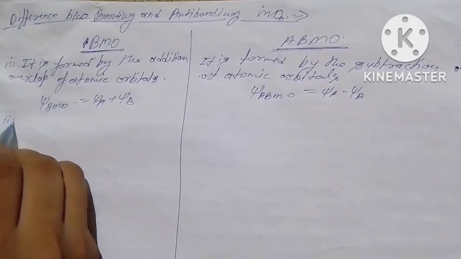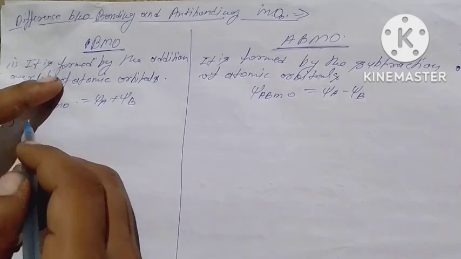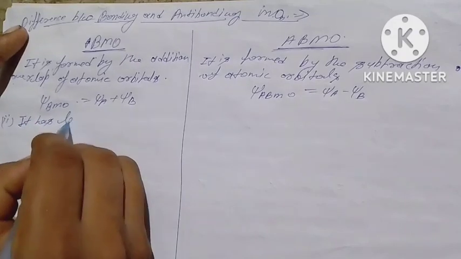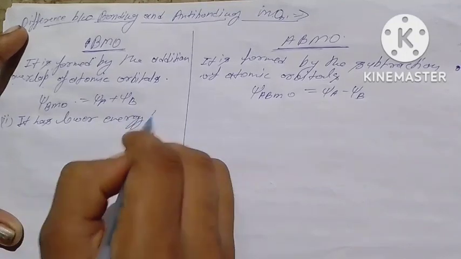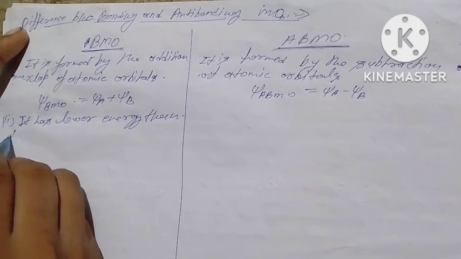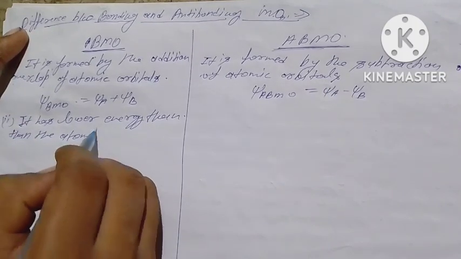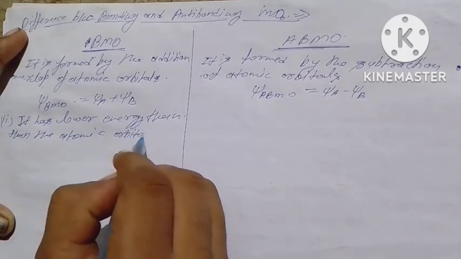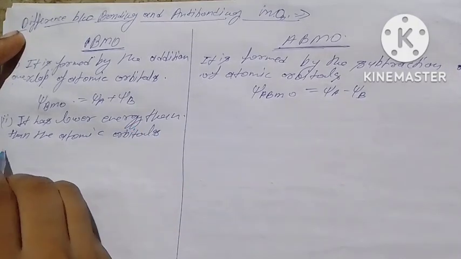Second point. BMO has lower energy than the atomic orbitals from which it is formed.